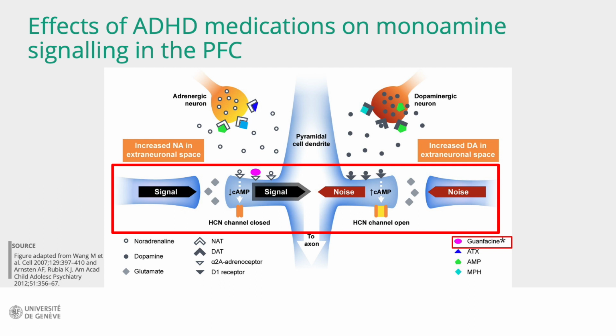Lastly, let's think about guanfacine and clonidine. Here, they're the pink ovals just to the left of center. They both have a very similar mechanism of action to each other and very different from the other medications we've talked about. They are alpha-2 adrenoreceptor agonists and work by directly stimulating the postsynaptic alpha-2 receptors.